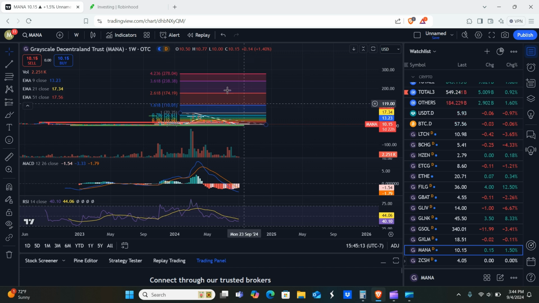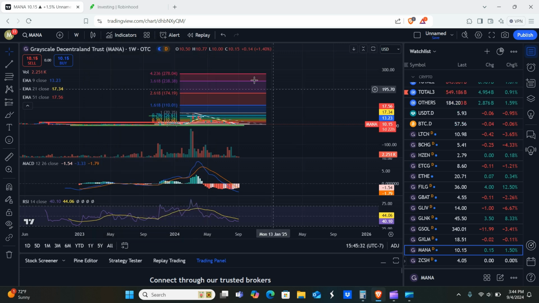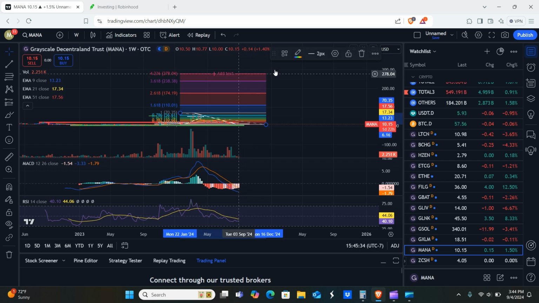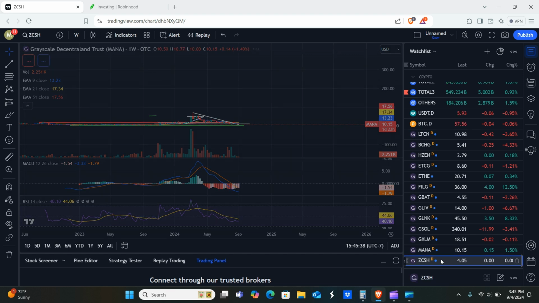So we got 110, 177, 238, and roughly about 278 respectively. I'll just round that up to 280. Keep it simple. It could always just wick above the level and then come back down. That does happen a lot of times at the top of a move. So 28x, 56K. I mean, that's not bad. Of course, if you had 20K in there and it did that, it would be 560K.